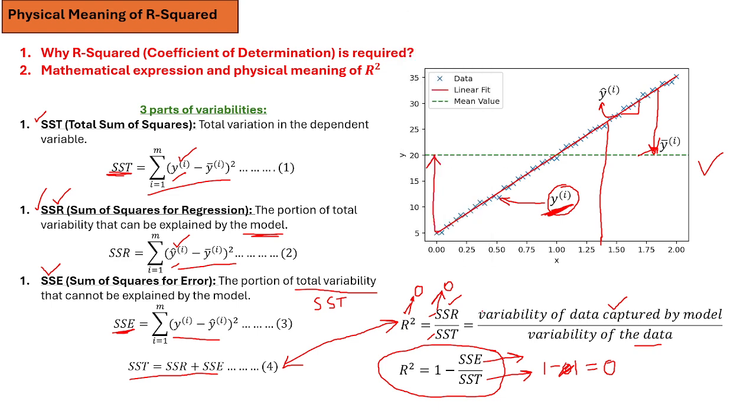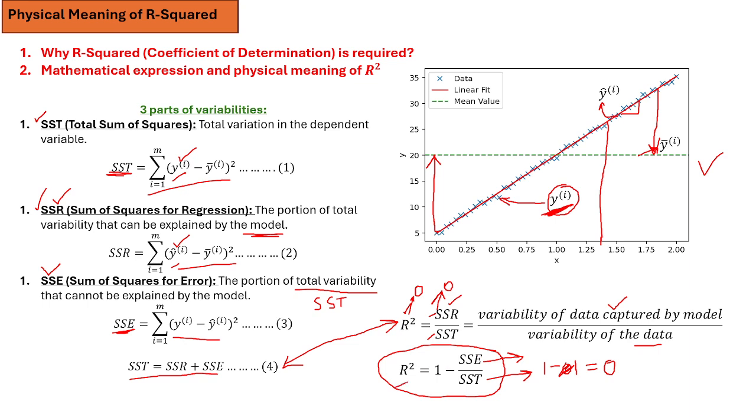Now the next thing is what if there is no error at all? Say our regression line, or our model, completely captures the variability in the actual data. Then y is equal to y hat, and there is no SSE, so SSE in that case will be 0.